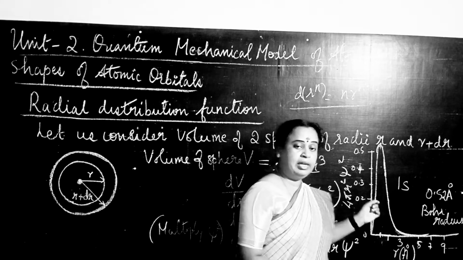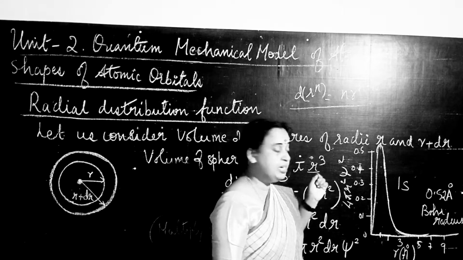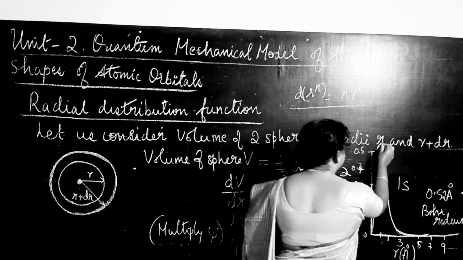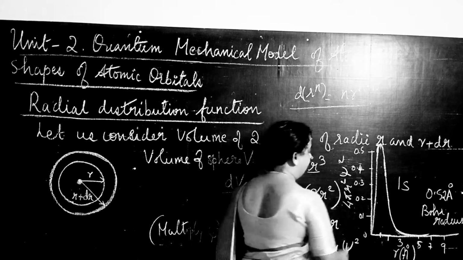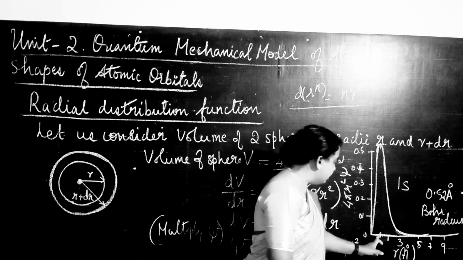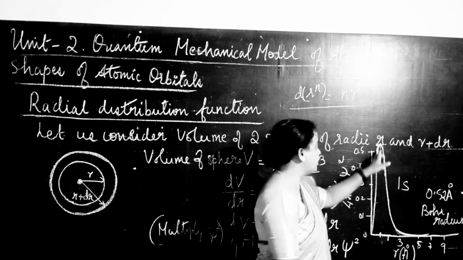So surrounding the nucleus there is a maximum probability. That maximum probability value, the radial wave function value, is represented by this curve. Here you can see the maximum probability is at this point when the radius is 0.52 Angstrom.